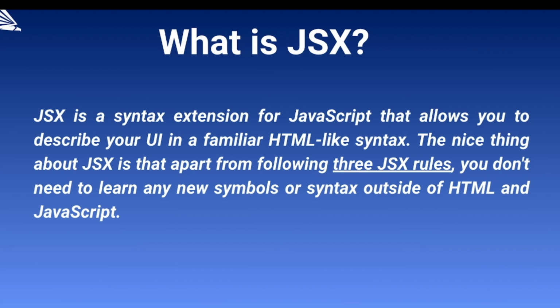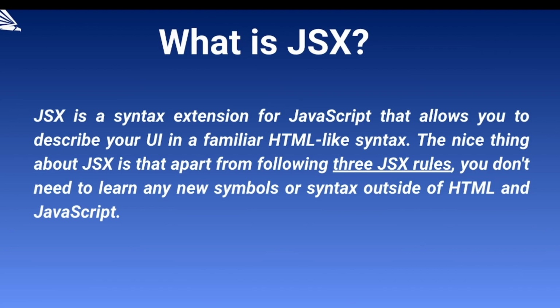But browsers don't understand JSX out of the box. You will need a JavaScript compiler such as Babel to transform your JSX code into regular JavaScript. To fix this, we would need a translator, Babel.